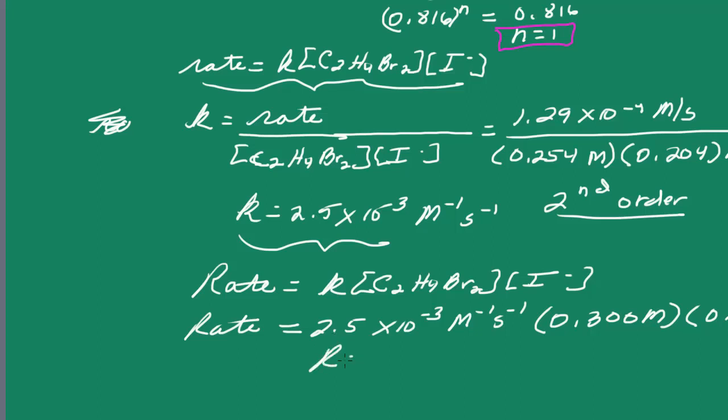And our initial rate then at these concentrations is 2.5 times 10 to the negative 3 times 0.3 times 0.3.